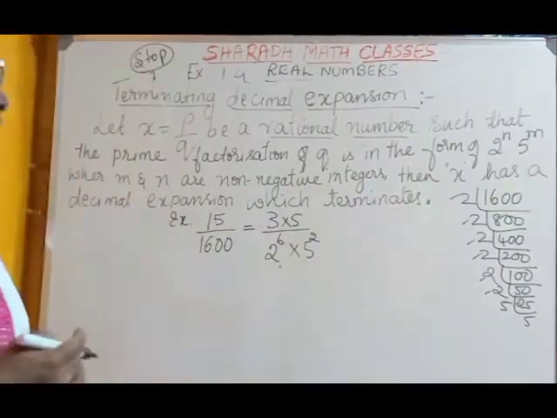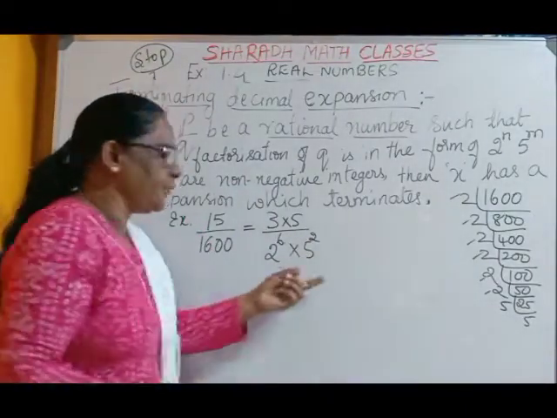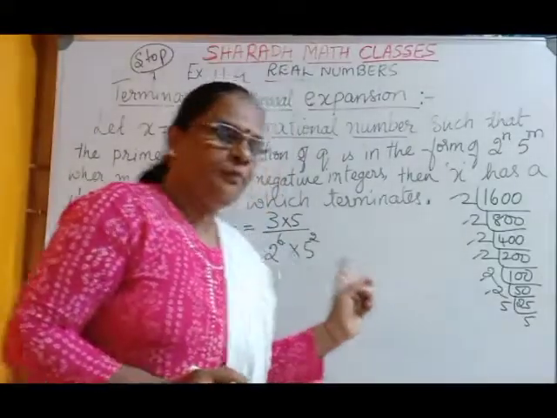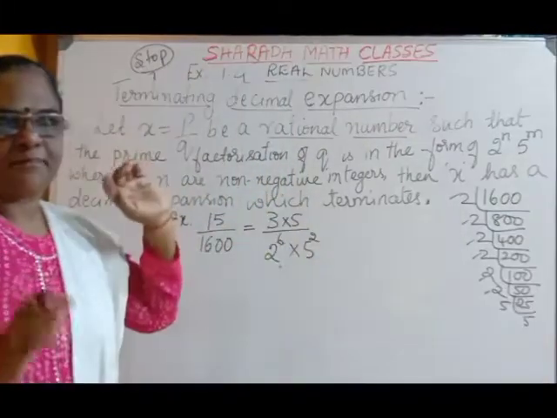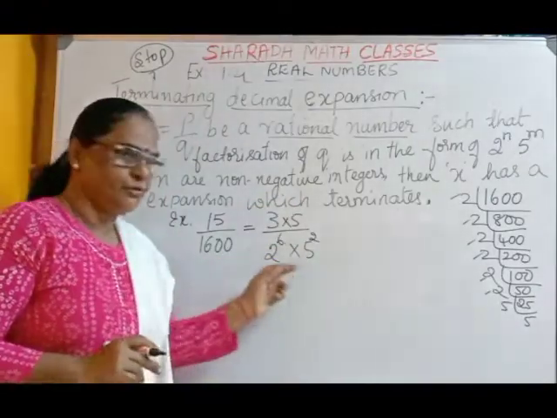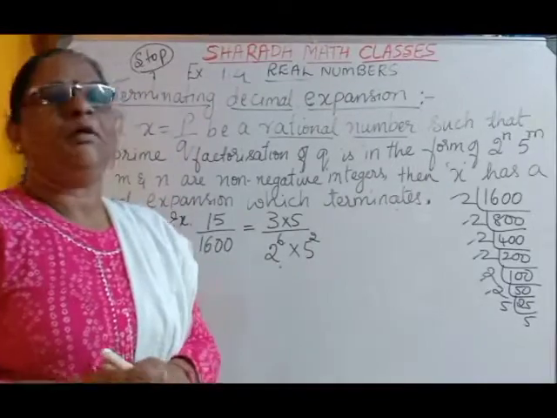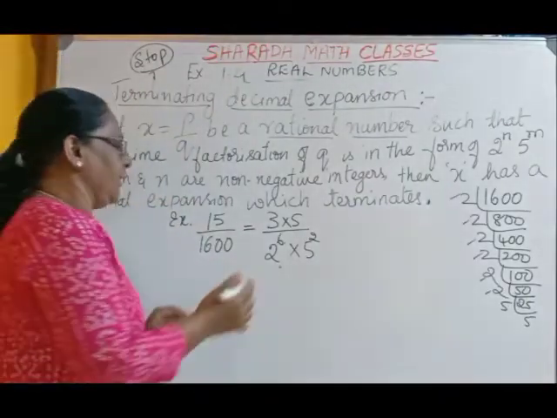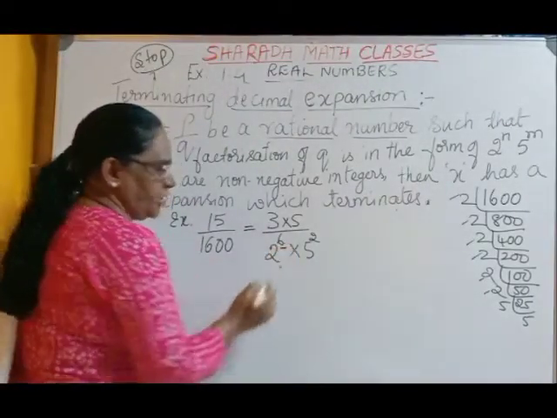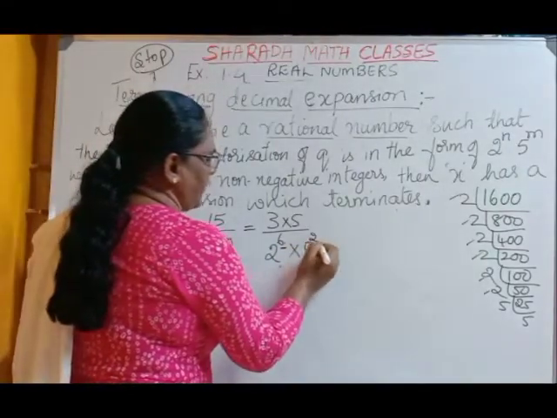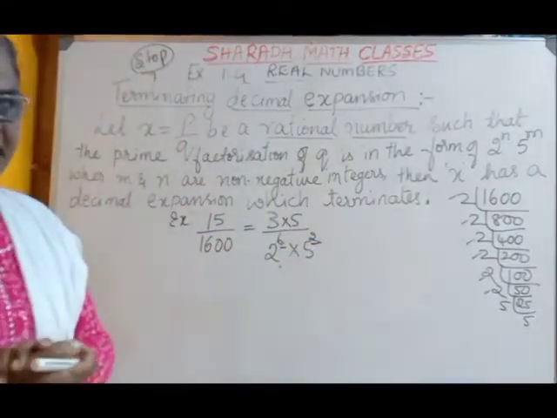Now check whether the denominator is in the form of 2 to the power of n into 5 to the power of m. Yes, it is in the form of 2 and 5. But to make it easy, here the power of 2 is 6, whereas the power of 5 is different, 2.